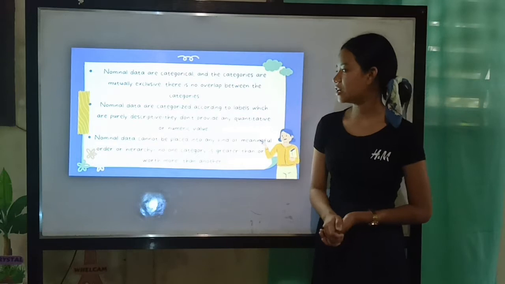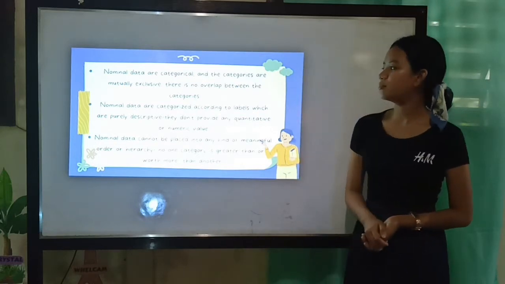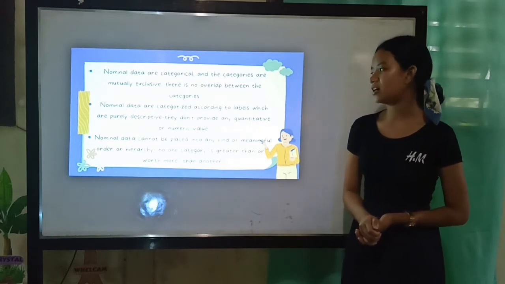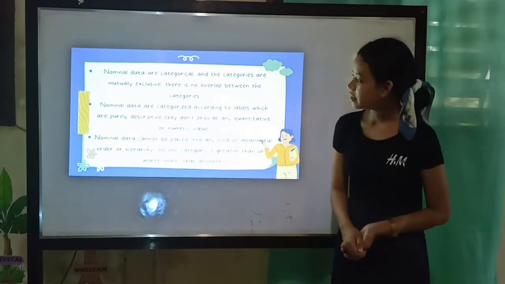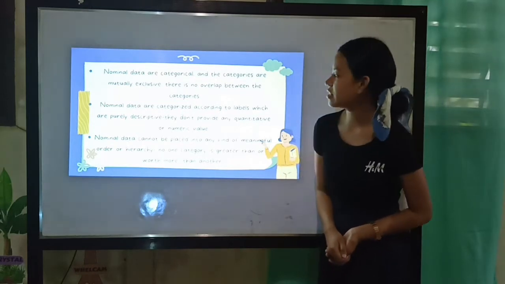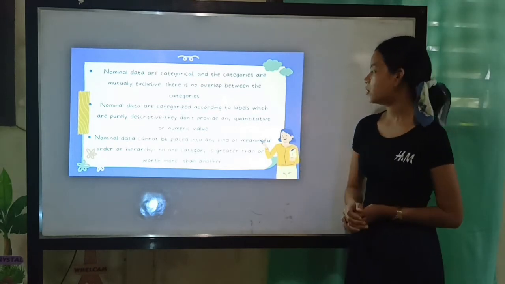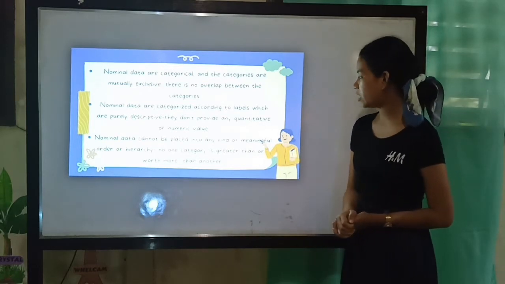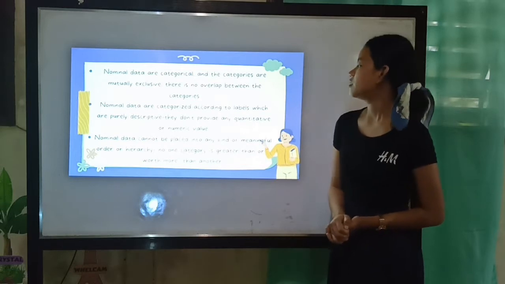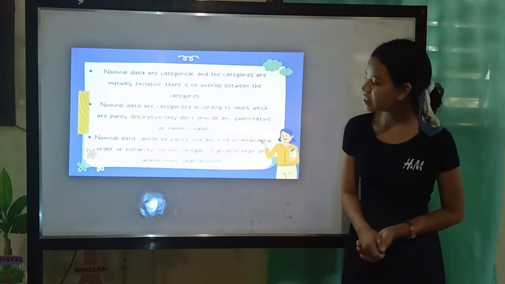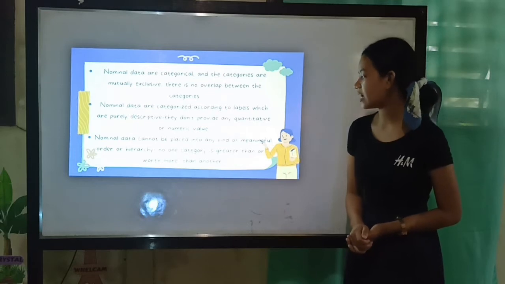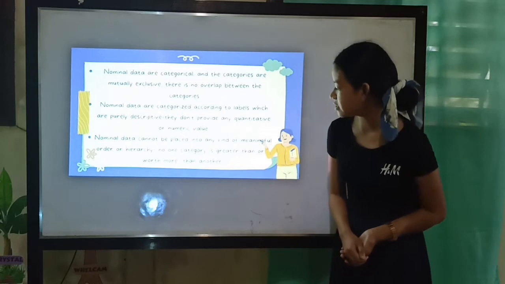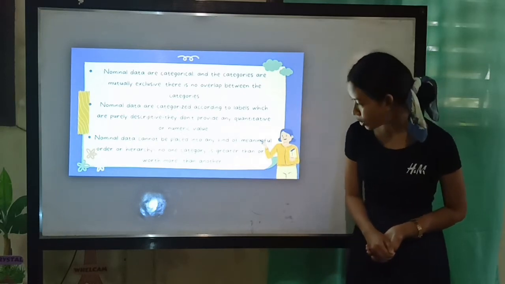Nominal data are categorical and the categories are mutually exclusive. There is no overlap between the categories. The nominal data are categorized according to labels which are purely descriptive. They don't provide any quantitative data or numeric value. Nominal data cannot be placed into any kind of meaningful order or hierarchy. No one category is greater than or worth more than another.